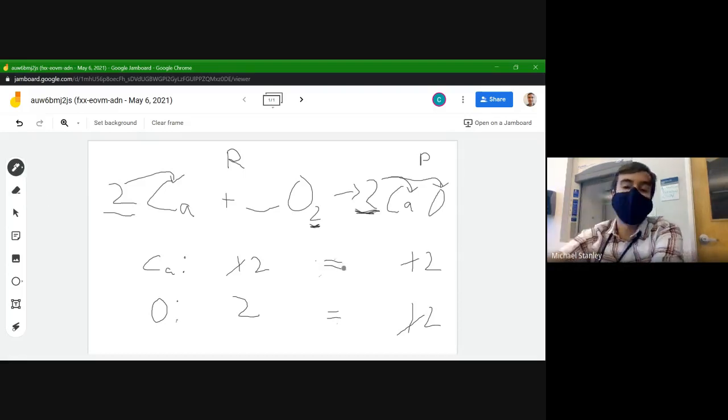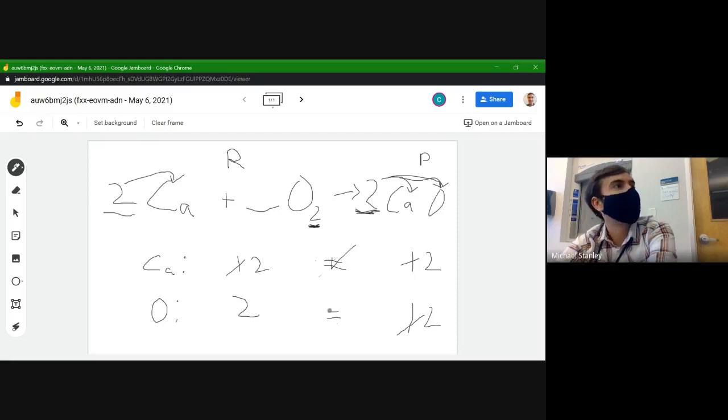So it looks like we have a balanced chemical reaction, but I'm going to go through one more time and make sure. We have 2 Ca's on the reactant side, and we have 2 Ca's on the product side, so that checks out. We have 2 O's on the reactant side, and we have 2 O's on the product side.